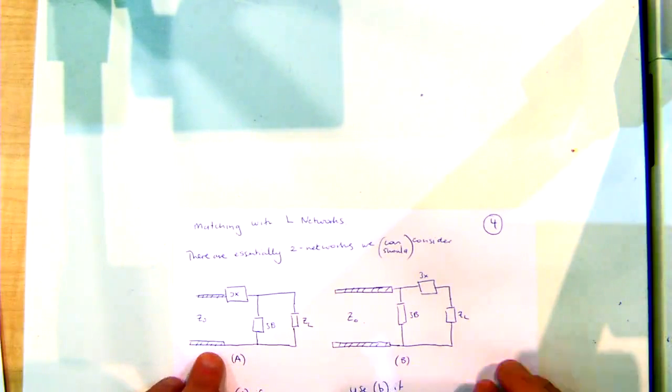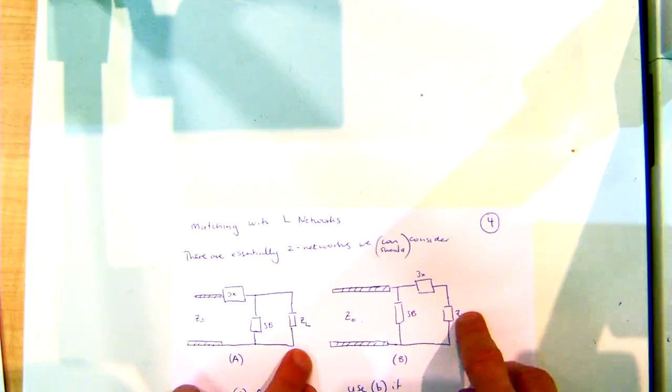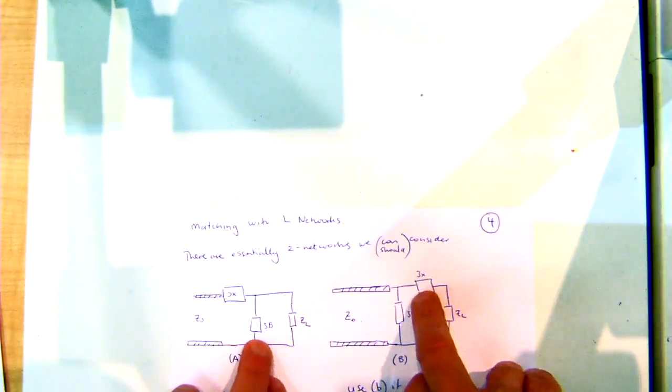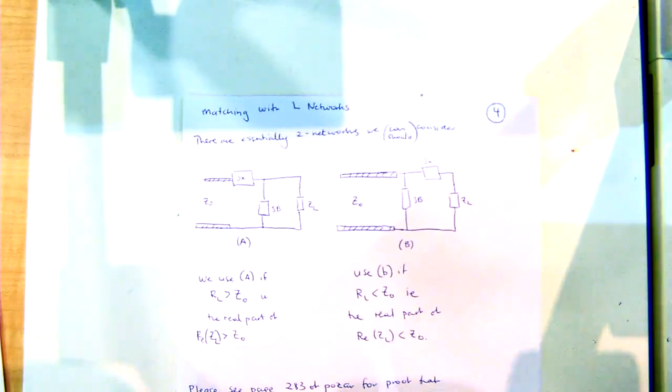And I said if you're using an L network, there are two potential manifestations of this L network. Essentially, if you've got the load, you can either have initially a series load or a shunt load, and then you've got the opposite.